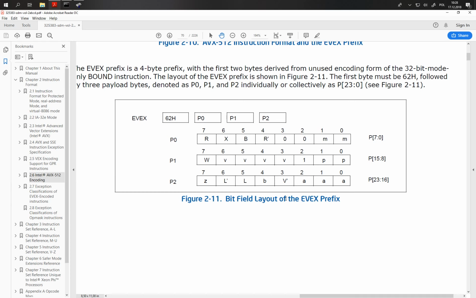This might look a bit strange. Why not put this additional V bit here and just have consecutive 5 bits to index a register? But the layout they used here is the same layout as it was in VEX, just extended with new information in the third byte. So the third byte is what's new compared to what was in VEX.